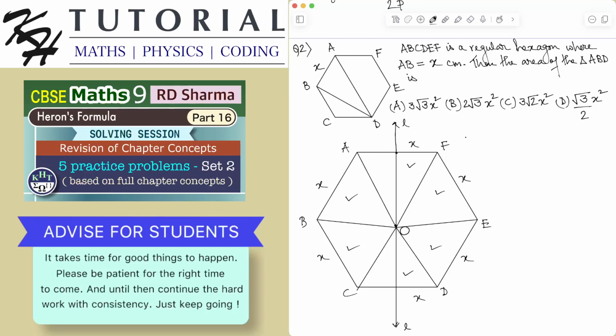So the area of the regular hexagon is equal to 6 times the area of one such equilateral triangle. It could be triangle AOF or FOE.